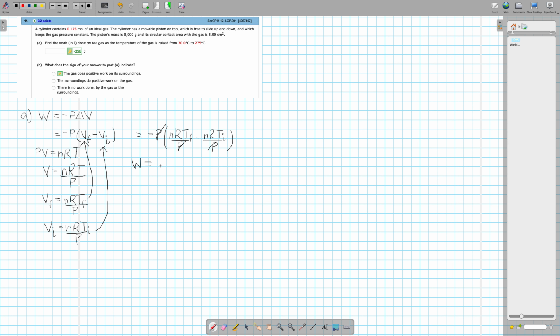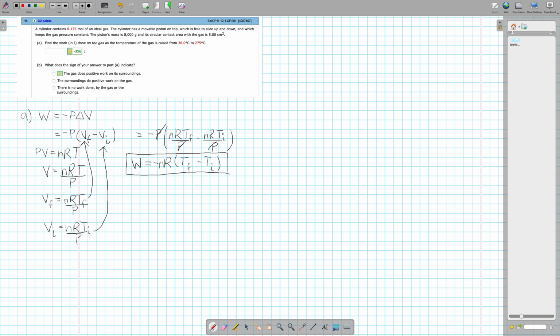And we get this result that the work is minus nR times (T final minus T initial). And you can plug in your particular values that you're given in this.